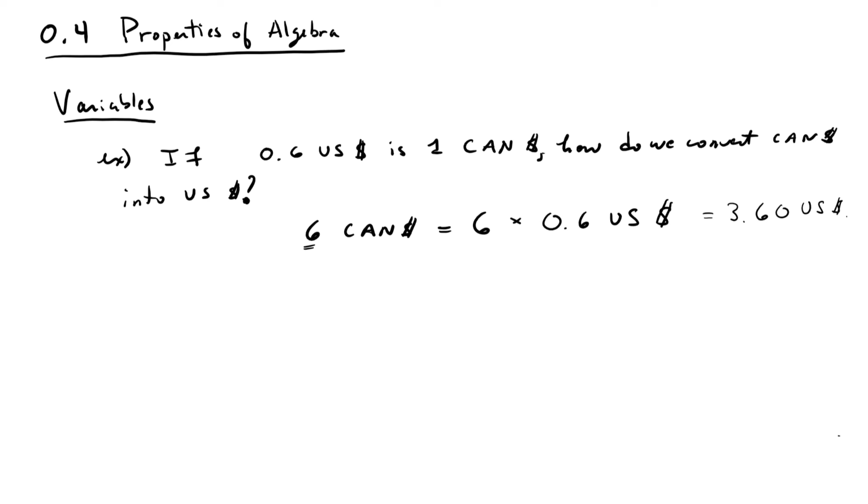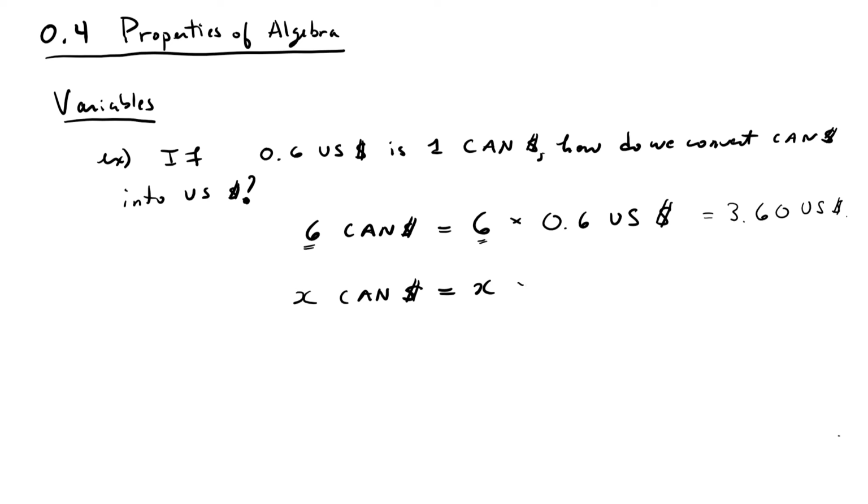So sometimes we'll want to write down something that's unspecified. So let's say I have X Canadian dollars. X is going to be the letter of choice when we have a quantity that's unspecified. How many US dollars is that? Well, I've replaced the 6 on the left by X, so I'm going to do the same on the right.